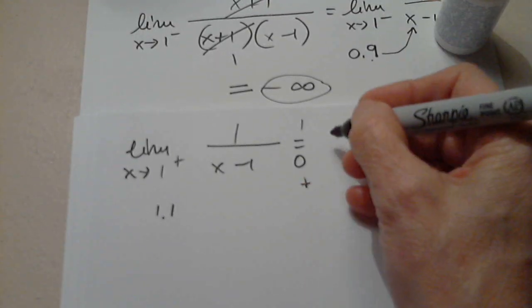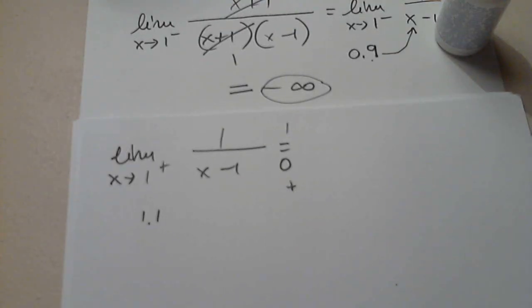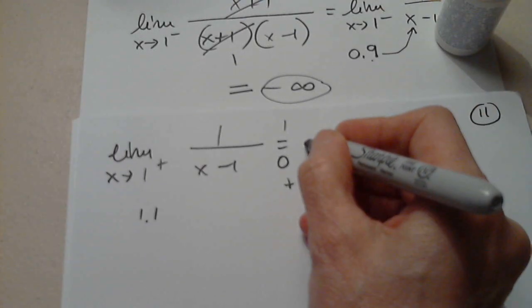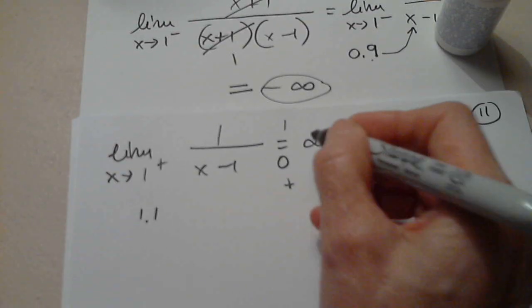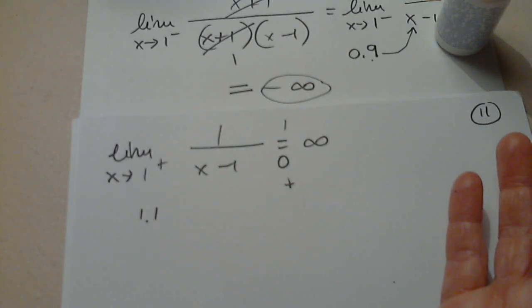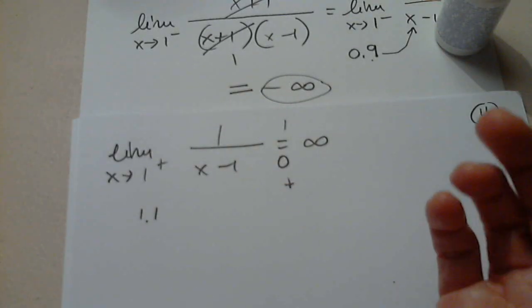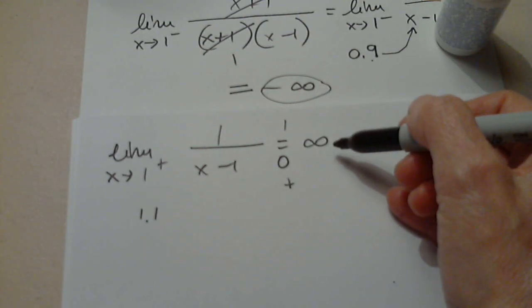Positive. Good. So then the answer is, this is no hope. We know what the options are. Positive infinity. Good. Negative infinity. You can only choose one. You cannot choose more than one. It's positive over positive. It could never be negative infinity.